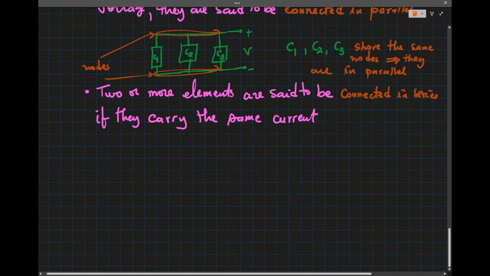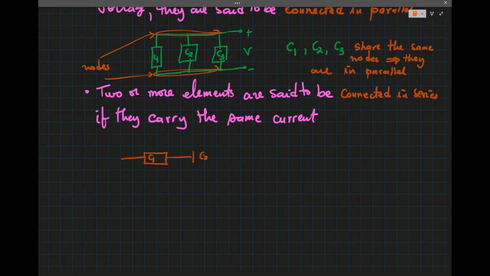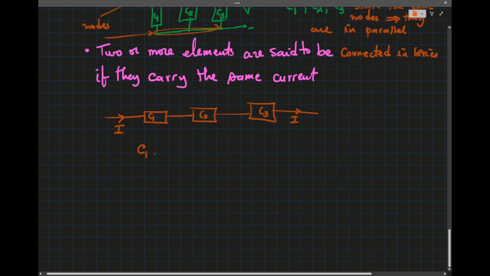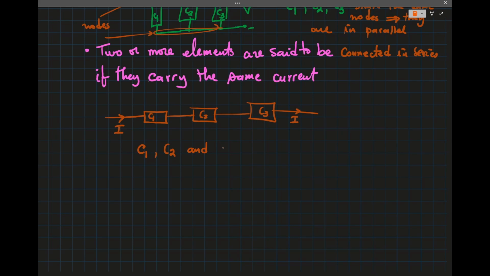Now, when I take these components, C1, C2, C3, for example, the current I is the same current that's flowing through these components. So C1, C2, and C3 carry the same current.